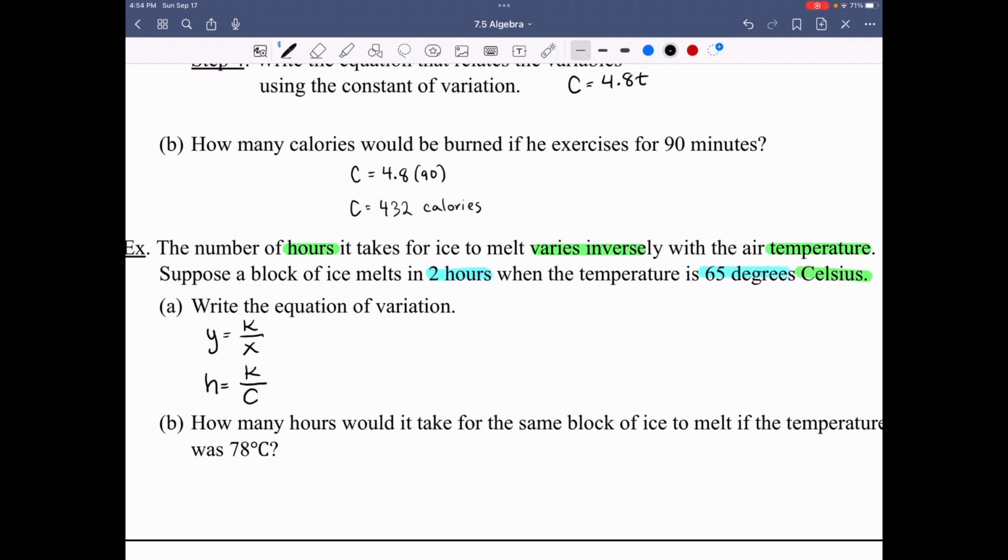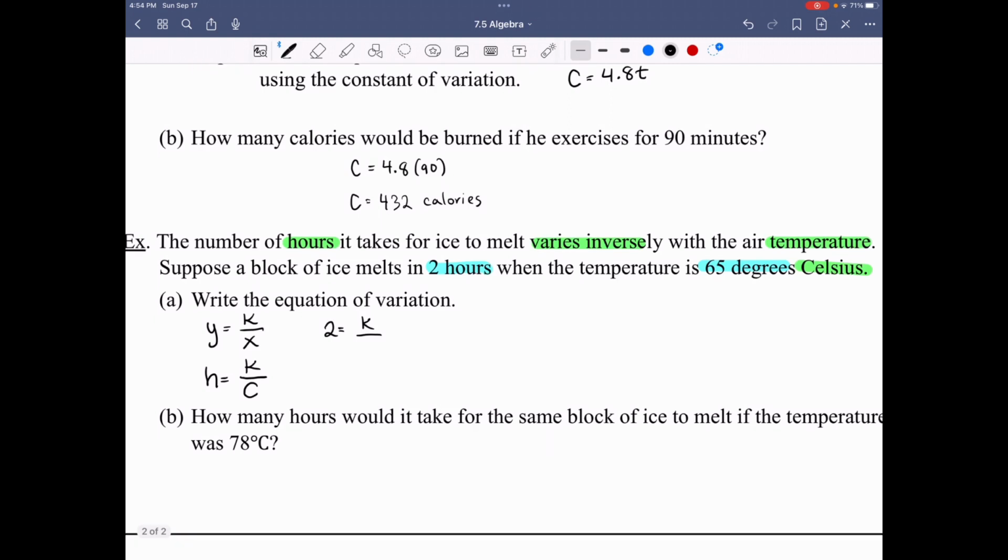The 2 hours is going to go into H. We're trying to solve for K. And the 65 degrees Celsius goes into C. If we multiply both sides by 65, we get 130 is equal to our constant of proportionality. Then we want to go back and put in K into our new equation. So hours is equal to 130 over Celsius.